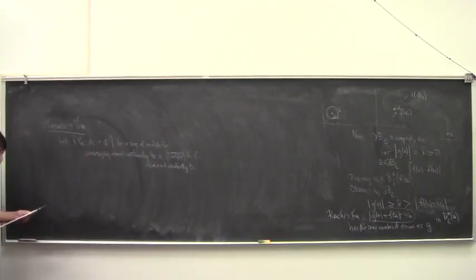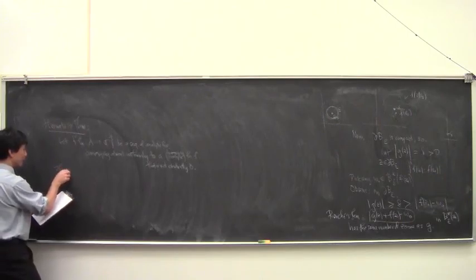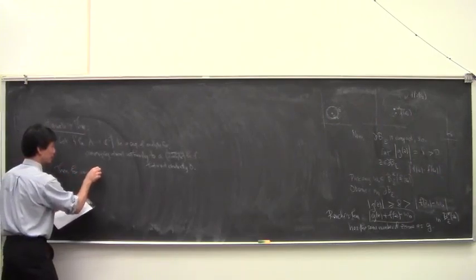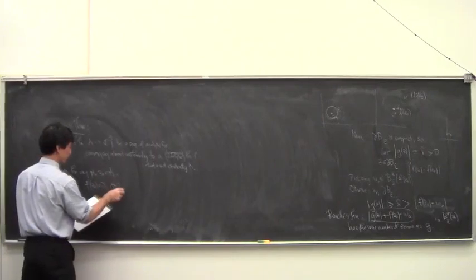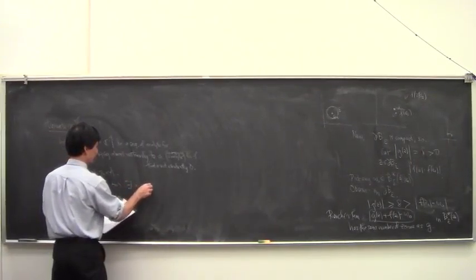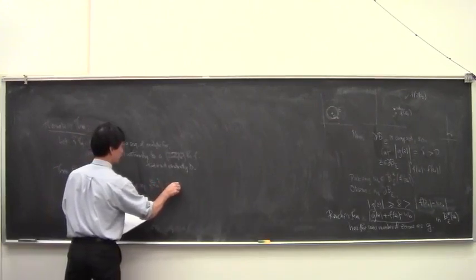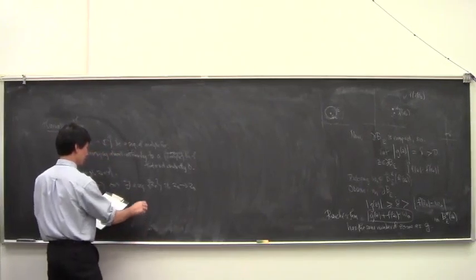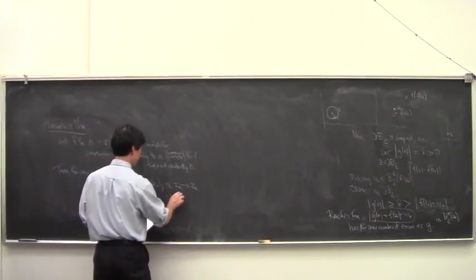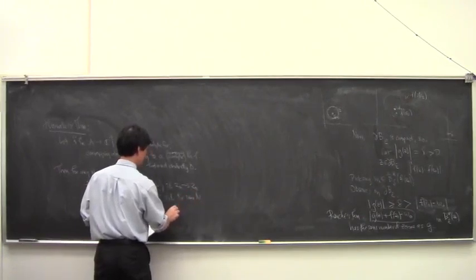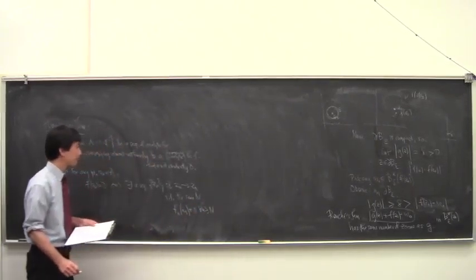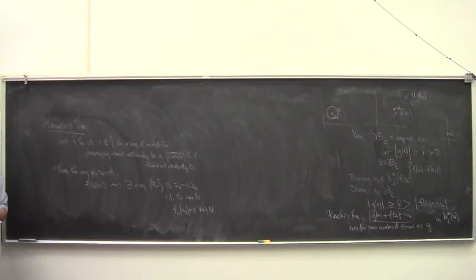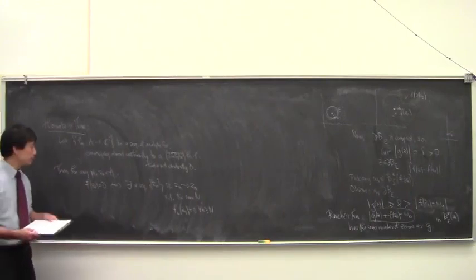Okay, so now something cool happens. Then for any point z naught, f of z naught equals 0 if and only if there exists a sequence z sub n such that z sub n converges to z naught, and such that for some N, f_n of z sub n equals 0 for all n bigger than or equal to N. The cool part is this direction.